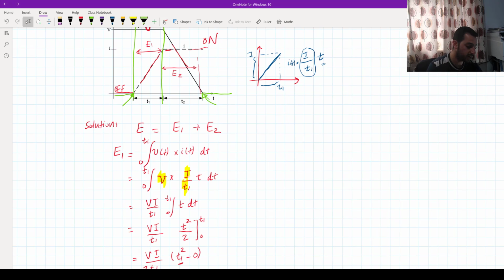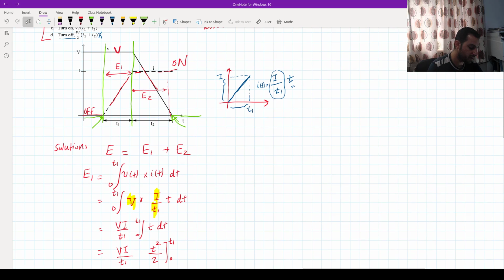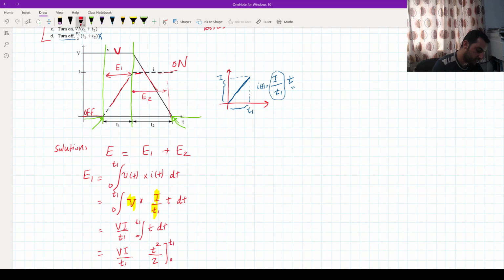Let's now move to the second one in exactly the same manner. So we have energy 2 that equals integration, this time from 0 to T2, of V of T, I of T, dt, okay?